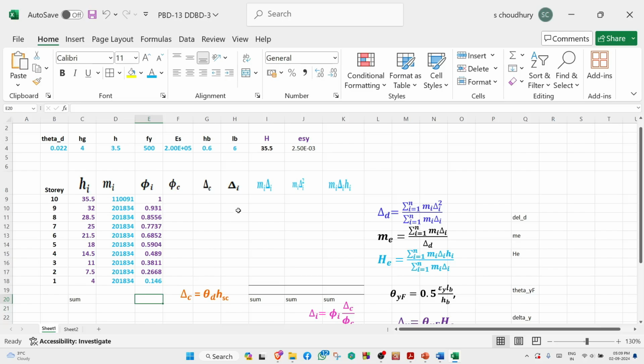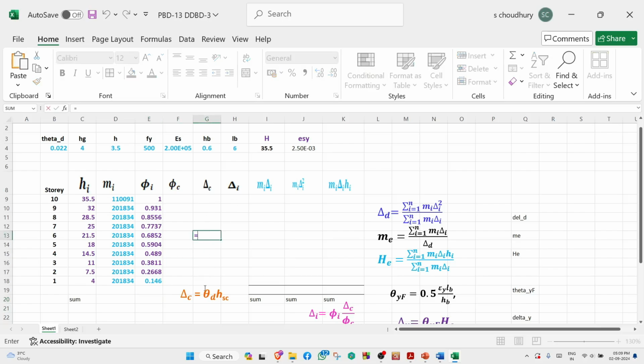Now delta C you have to calculate. Let us calculate delta C here. Delta C equal to delta D into HSC. Delta D is this, star HSC is the critical story height, which is 4 meter. So this is the delta C value. Delta C is theta D into HSC, the critical story height.